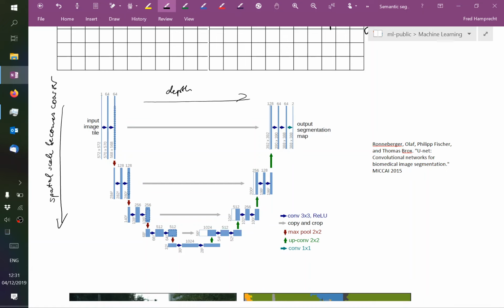And so the folklore interpretation of what's happening in this network is that we have up here what's called a geometric pathway. So this transports the information of where exactly. And we have down here the semantic pathway, which tells me what.